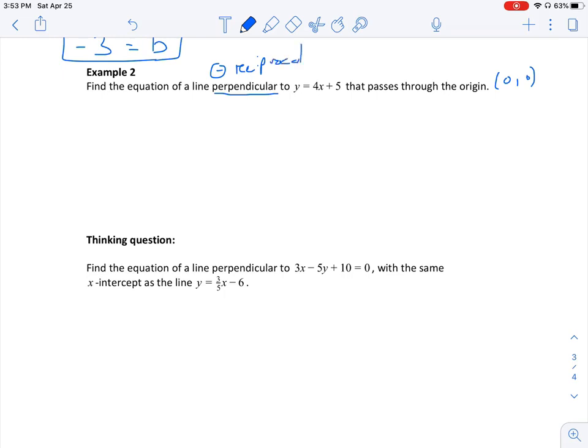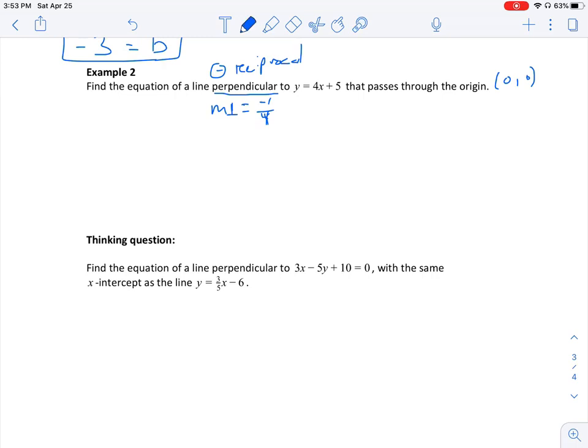So if the slope is 4, the negative reciprocal, or the perpendicular slope, and we write a perpendicular slope almost like an upside down T, and we can see how this creates a perpendicular line. The perpendicular slope is then negative 1 over 4. All right, so we have our slope, and the line passes through the origin.